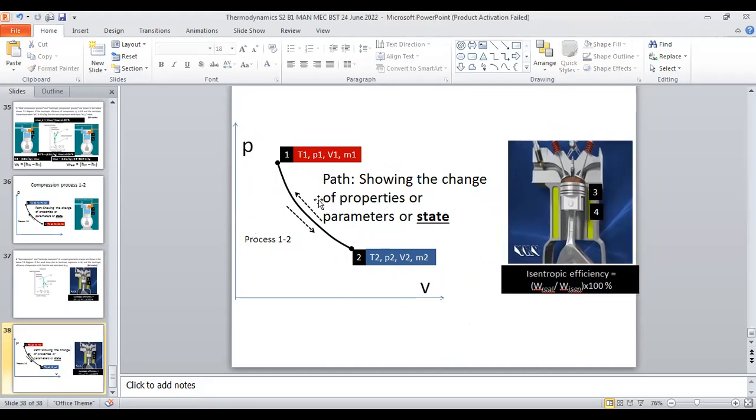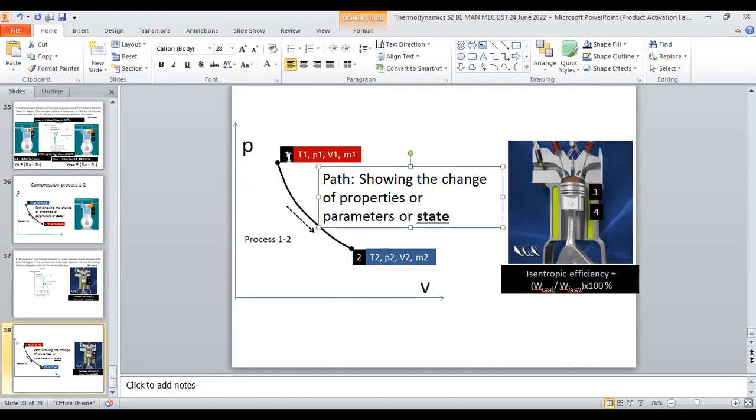Three to four. It's not about the reversibility. Okay, T3, P3. And actually M3 is M4.